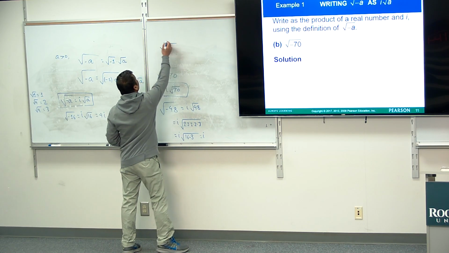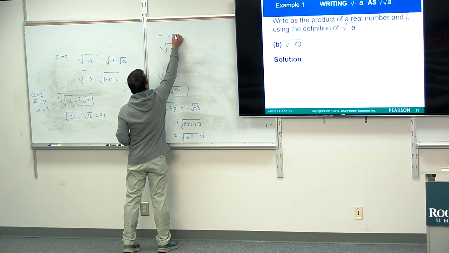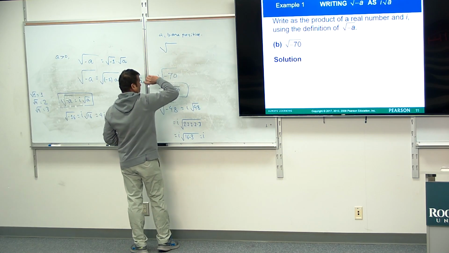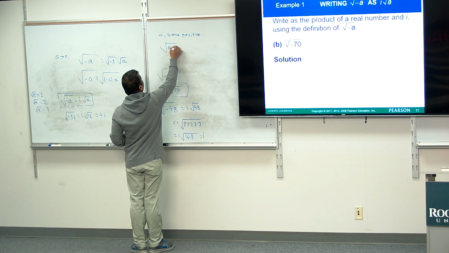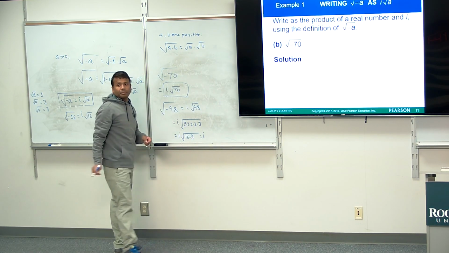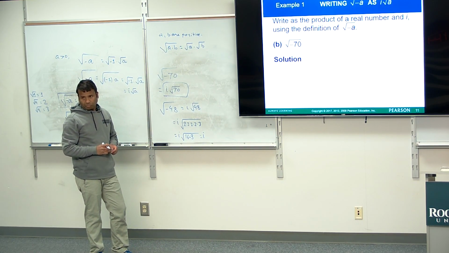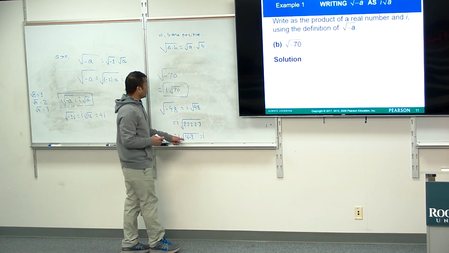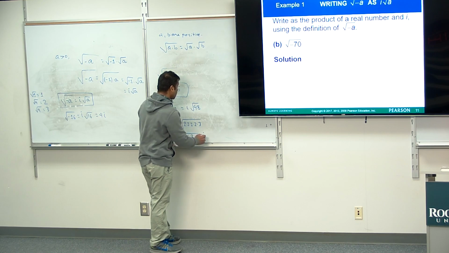Remember, if A and B are positive, then the radical of A times B can be written as radical A times radical B. So now we can rewrite this as radical 16 times radical 3.